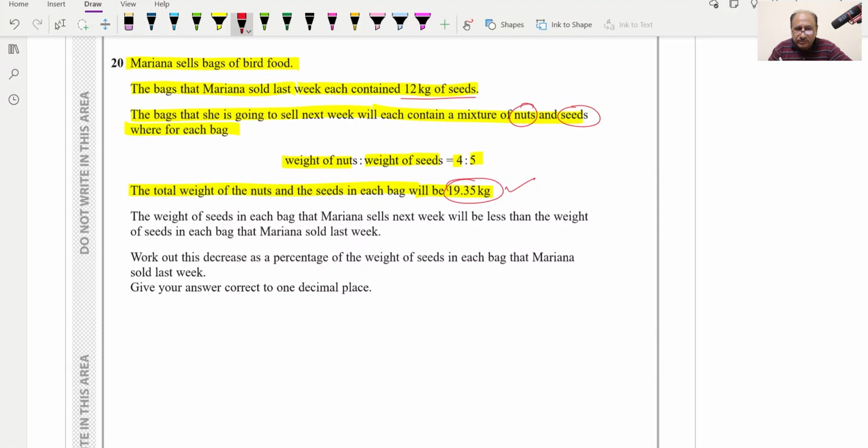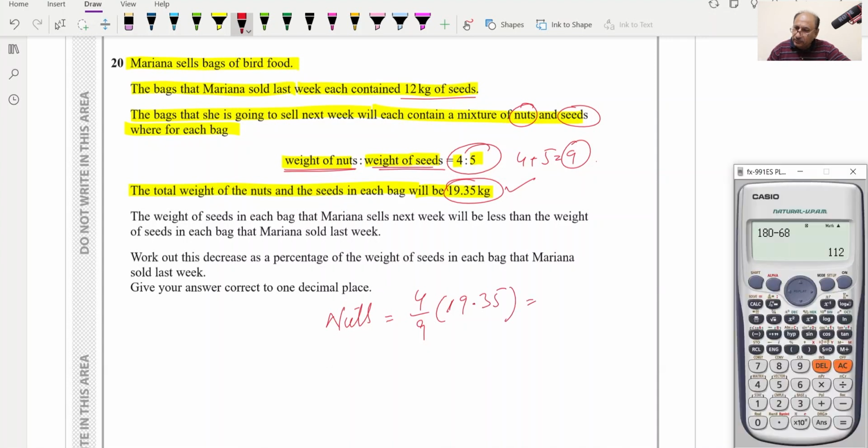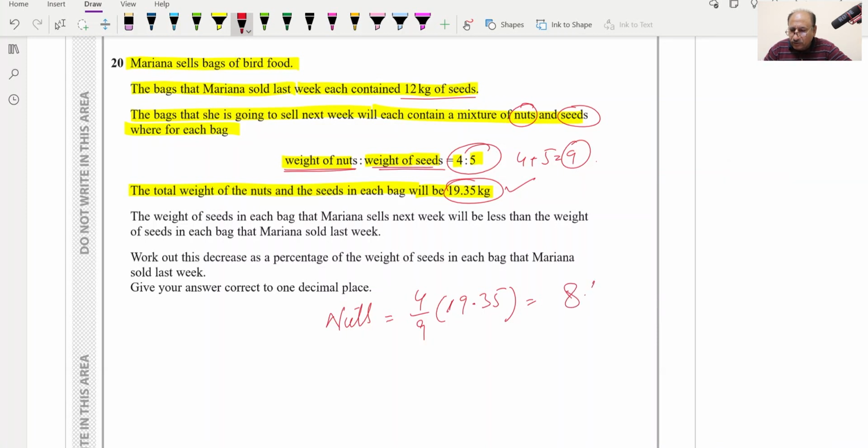So nuts will be 4 by 9. The sum of ratios is 9, 4 plus 5 is equal to 9, so this is what we are using. 4 by 9 will be the nuts part, and 5 by 9 will be the seeds part. So nuts will be 4 by 9 of 19.35, which is equal to 8.6 kg.